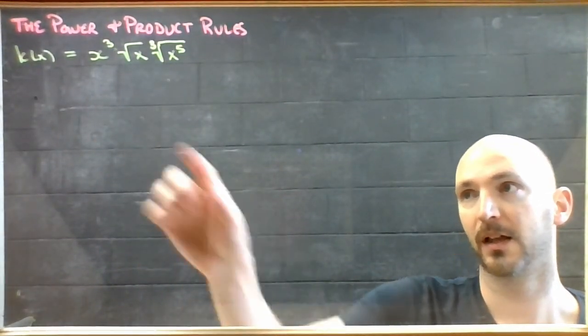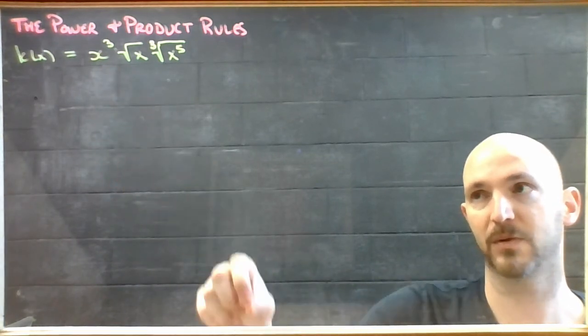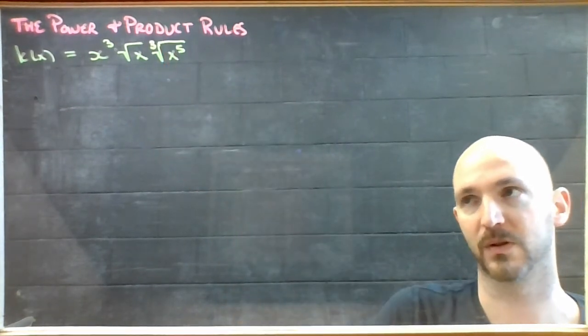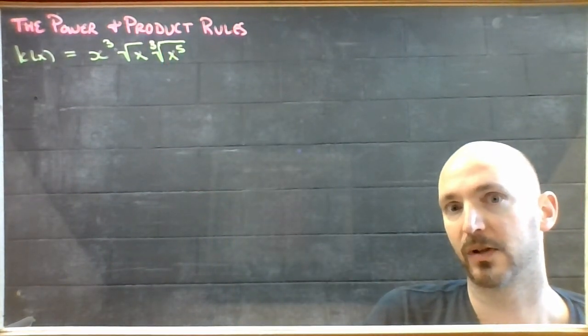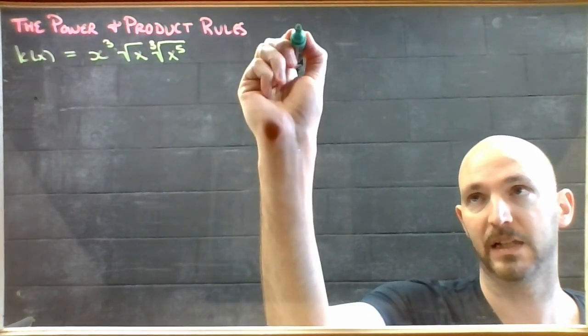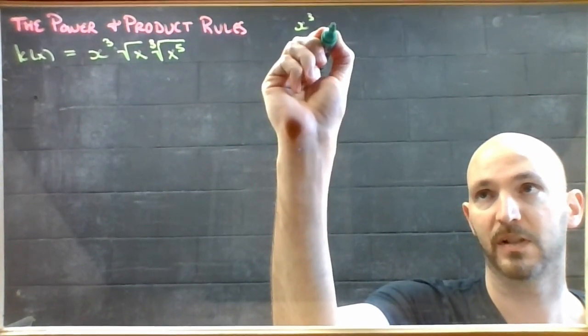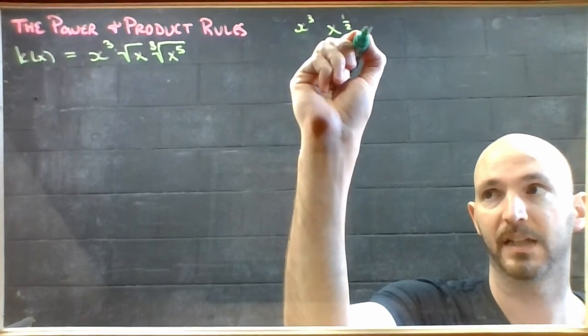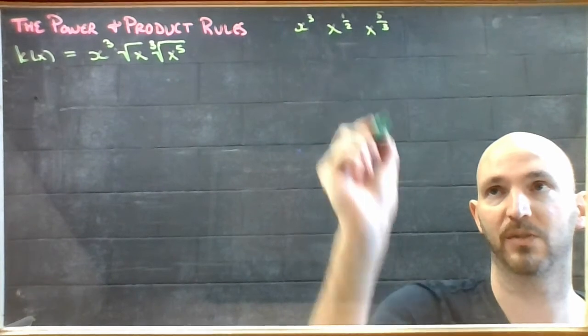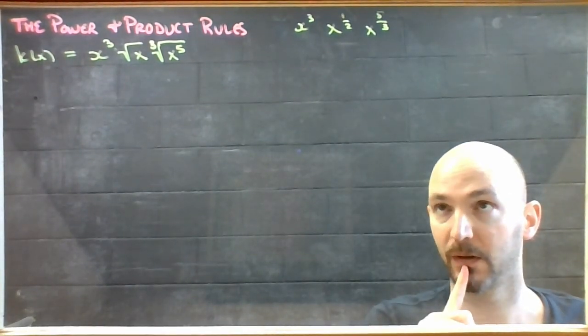Okay, I have x cubed times the square root of x times the cube root of x to the power 5. So first off, this would be x cubed, x to the 1/2, and then this thing is an x to the 5 that happens to be in a cube root, x to the 5/3.